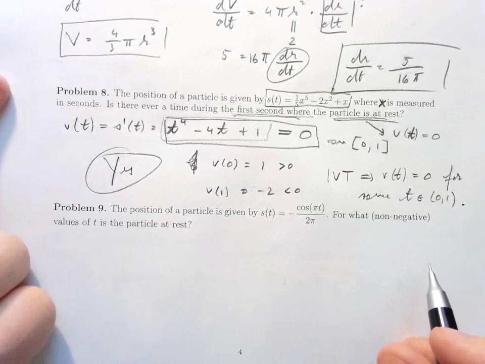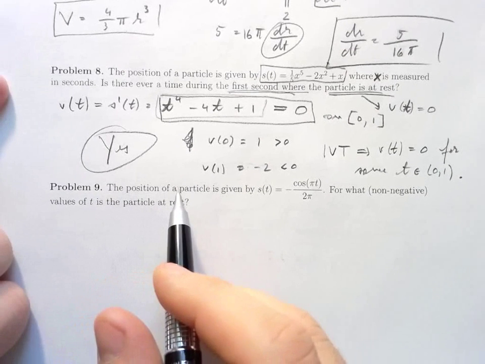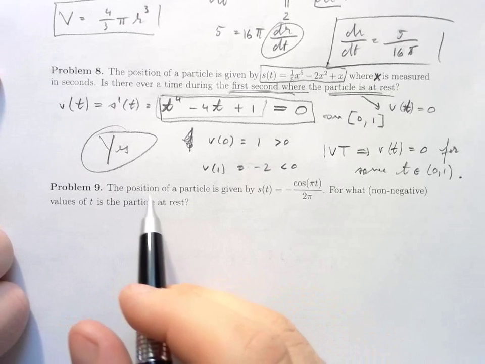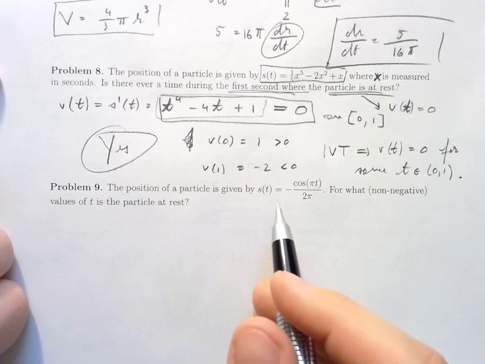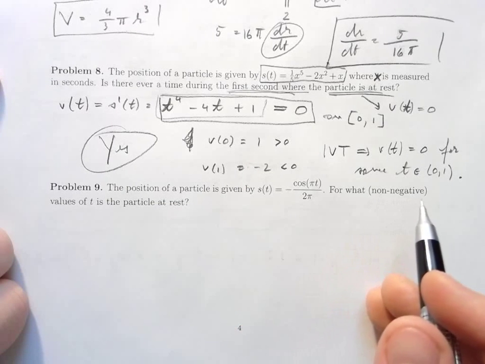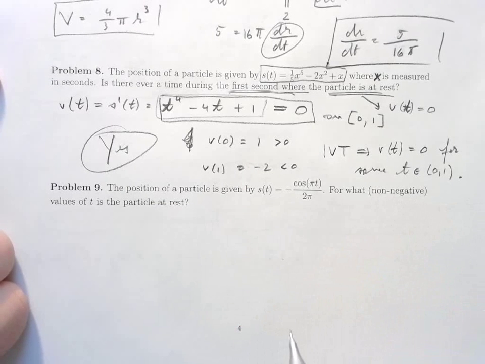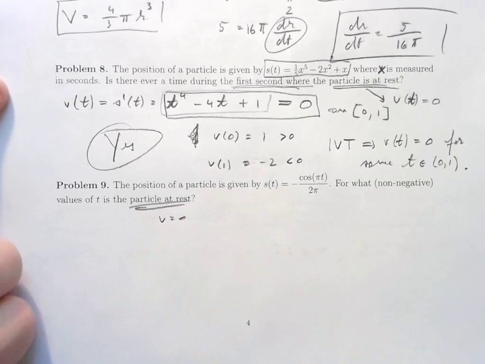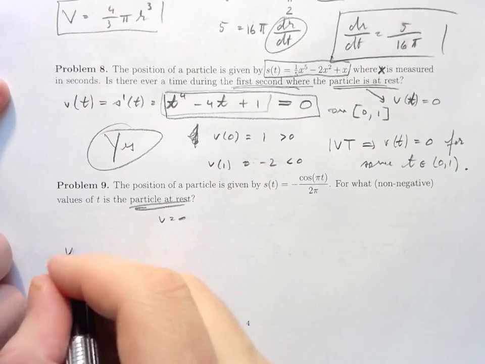The last problem, again, I'm given the position of a particle in terms of time again, and I'm asked for what non-negative values of t is the particle at rest. So again, particle at rest means the velocity is 0. So let's figure out what the velocity is.